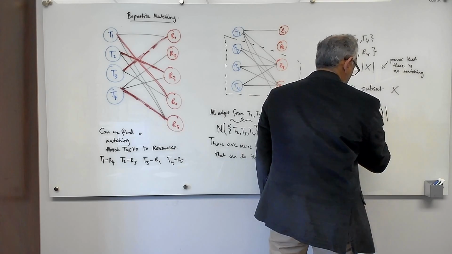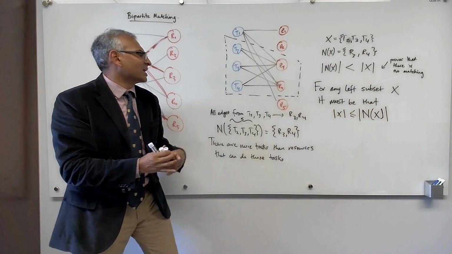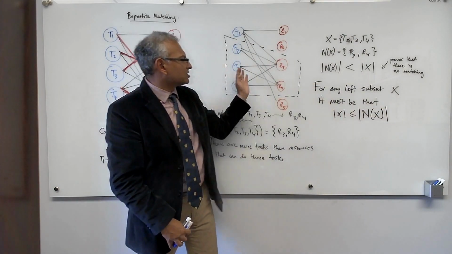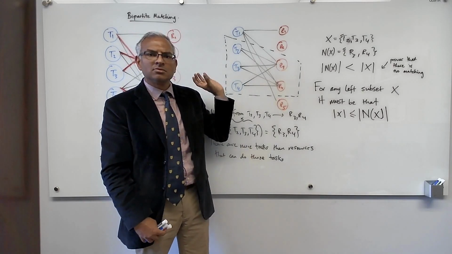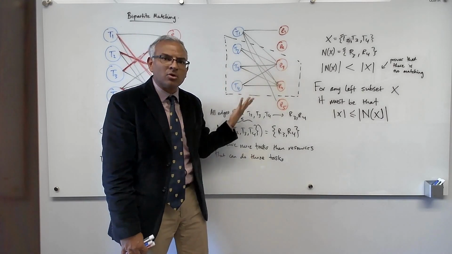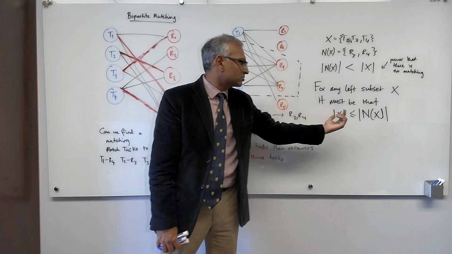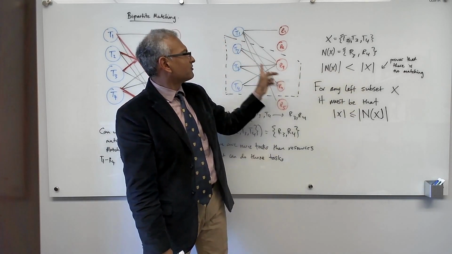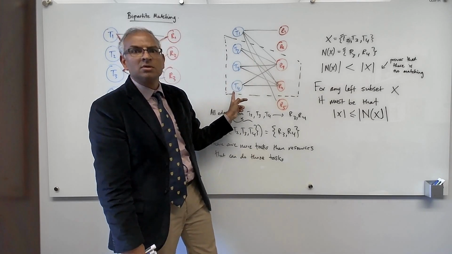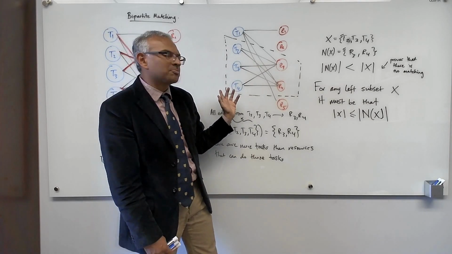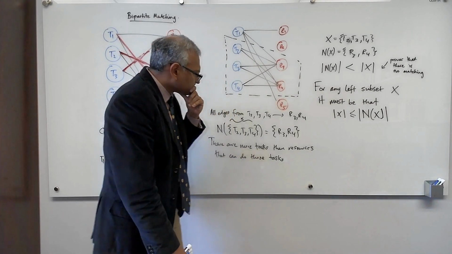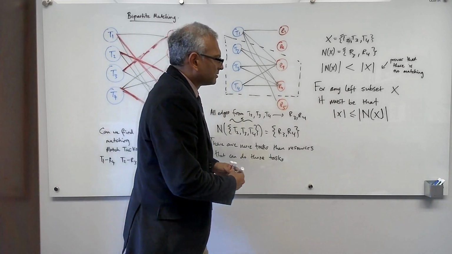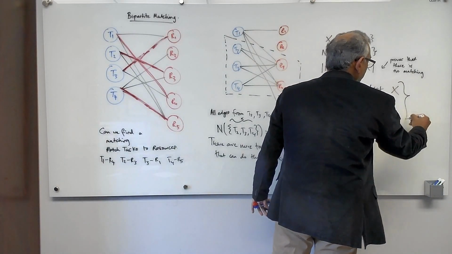Because if that's not the case, you just don't have enough resources to go around for that particular subset. Okay? Because in this scenario, all these neighbors have to be spread among more customers, and that's not possible. Okay? This is called Hall's condition.